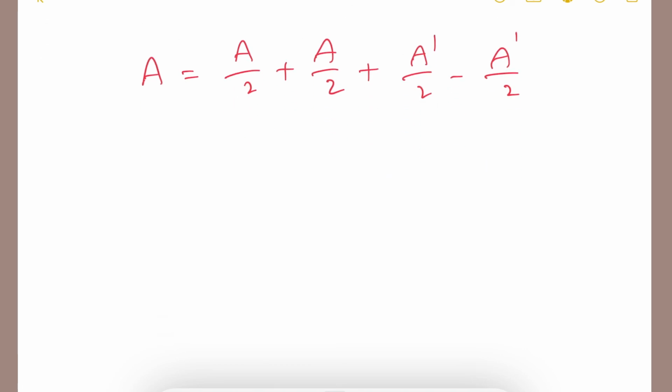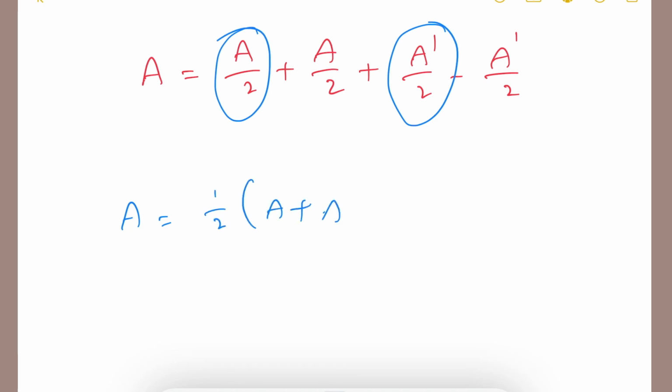Now matrix A is equal to, from the first term and the third term I will take out 1 by 2 common, so we remain with A plus A transpose, plus from the second term and fourth term also I will take out 1 by 2 common, then we remain with A minus A transpose.